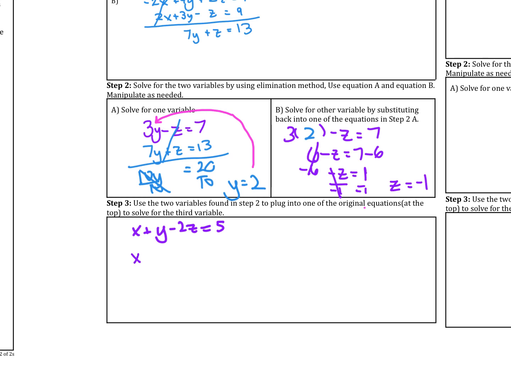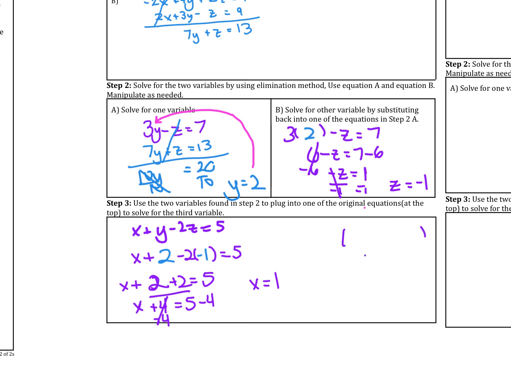So x plus y is 2 minus 2 times negative 1 equals 5. Then we still have our x plus 2, and negative 2 times a negative 1 is a positive 2 equals 5. So we add 2 and 2 together, we get 4 equals 5. Subtract 4 from both sides, you get x equals 1.